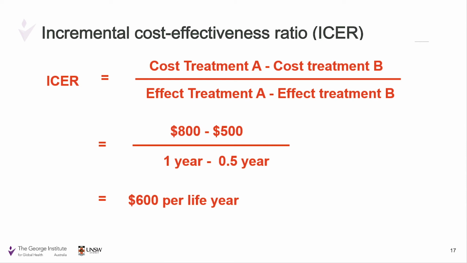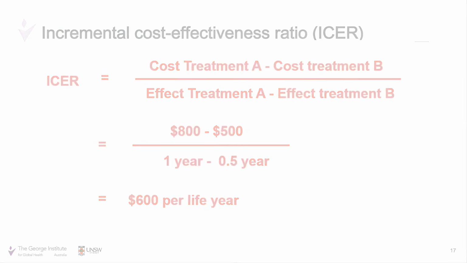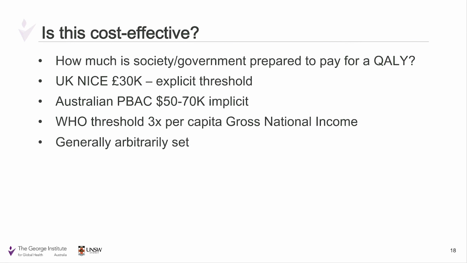In this example, what we come up with is an incremental cost effectiveness ratio of $600 per life year gained. So we have an ICER of $600 per life year gained.